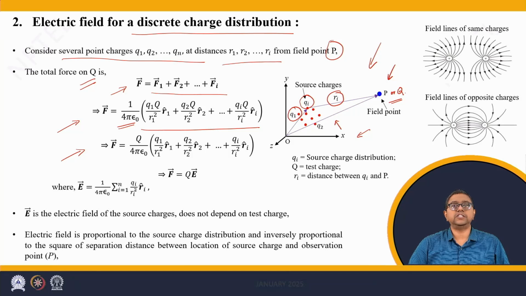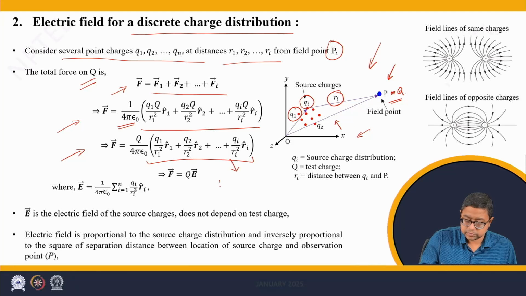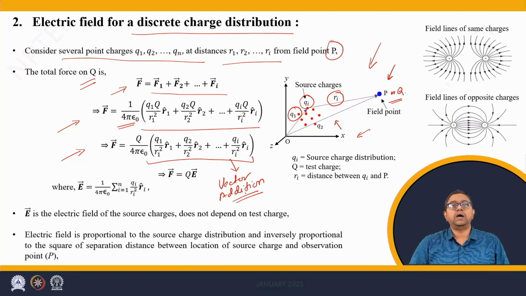This simplifies to F equals capital Q by 4 pi epsilon multiplied by Q1 by R1 square directed along R1 vector plus Q2 by R2 square directed along R2 vector and so on. Now, having performed the vector addition, we get the resultant direction of the electric field E vector.